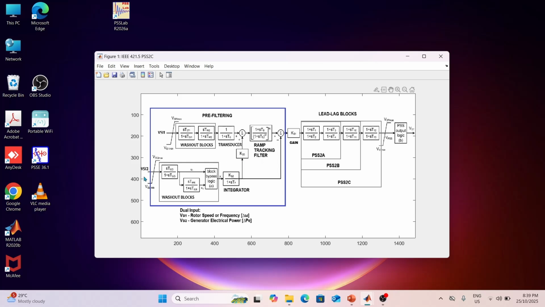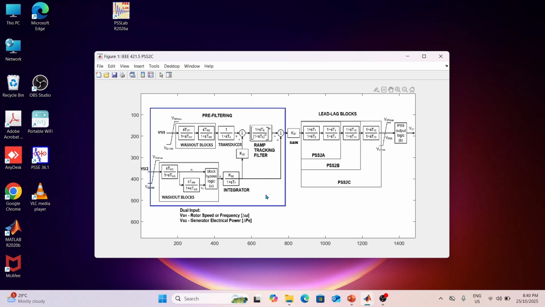The second signal of generator electrical power passes through the washout blocks and integrator. Then the signal is branched into two pathways, one to be summed with the output of the transducer through KS3, and one directly to the minus input of the summing point.